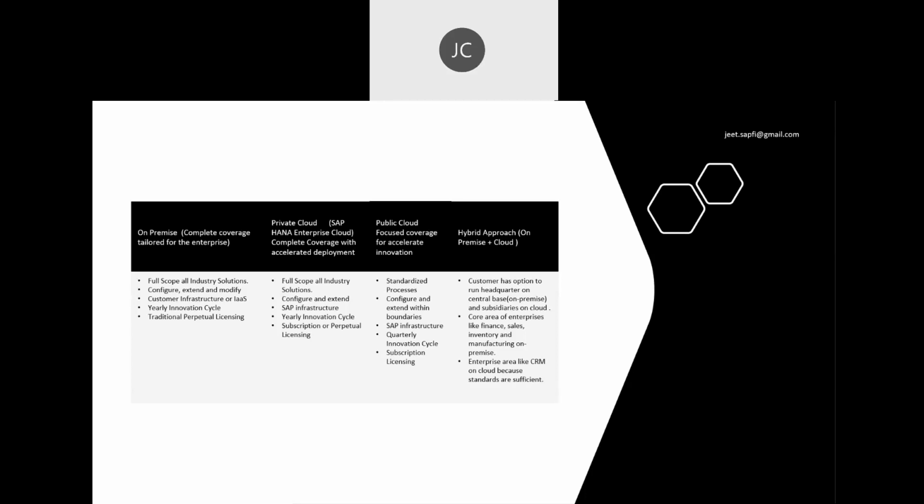Here the user can do customization, and if they want to upgrade or extend something, they can do that. Similarly, they have all industry solutions available, and in private cloud also they have yearly innovation cycles, and they can subscribe to that, or do a particular licensing like 4 years, 5 years, or per year.